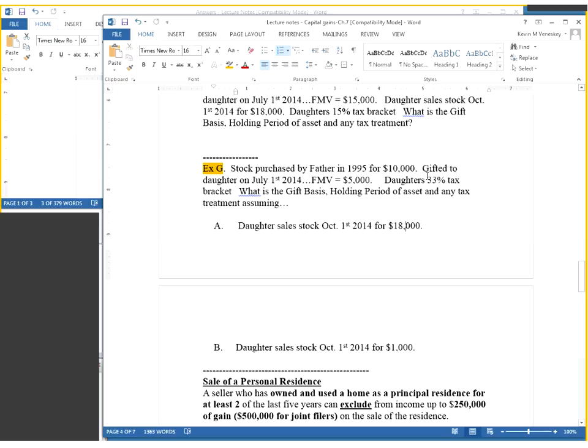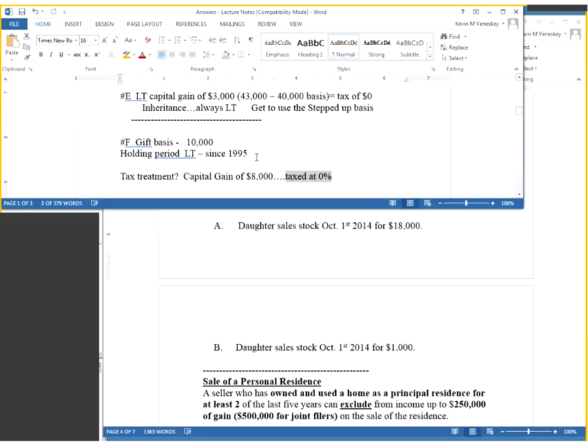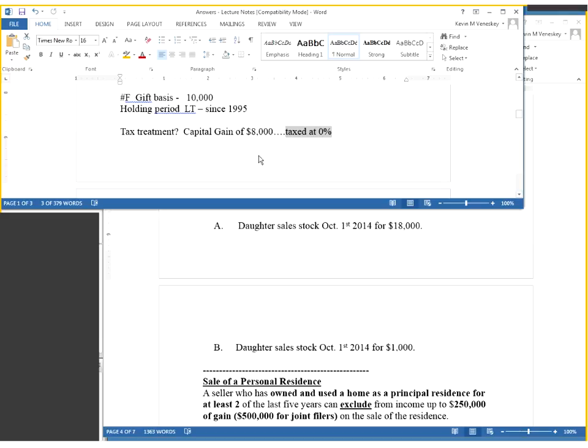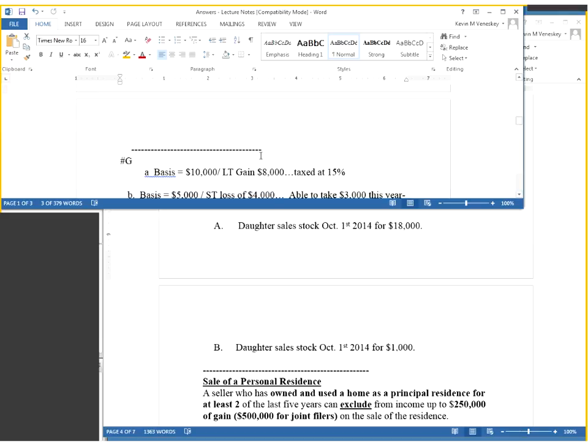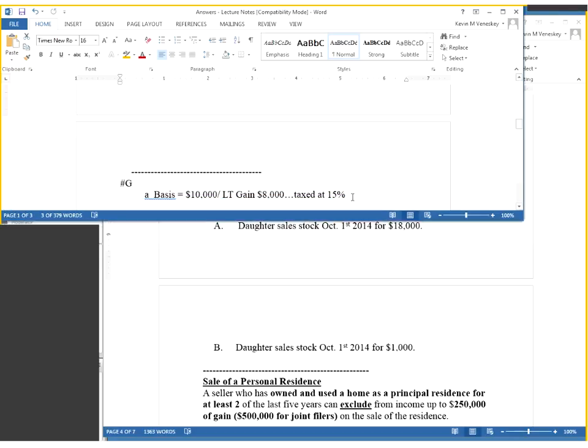It's a realized recognized gain of $8,000. However, of that $8,000, it's not taxed at 33%. It's only going to be taxed at 15% because it's a long-term capital gain.